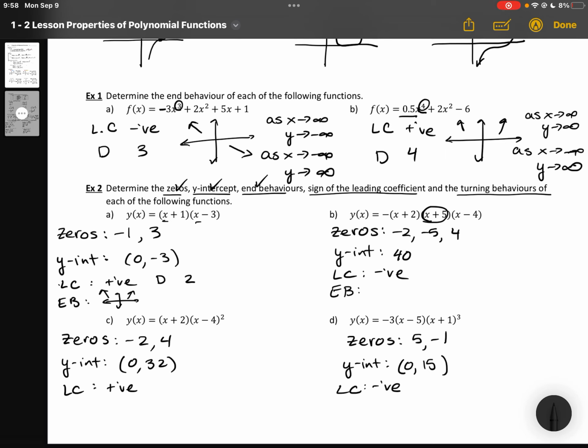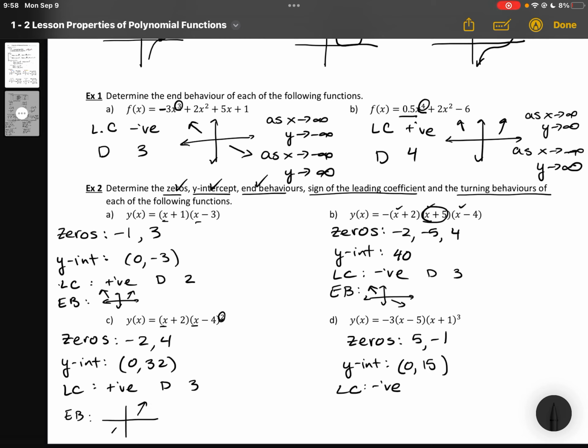For the next one, my leading coefficient is negative. My degree is 3, because I've got 1, 2, 3 x's here. And so my end behaviors are negative, odd. So I'm going down and to the right. For C, I've got a positive leading coefficient, and I've actually got a 3rd degree polynomial, because I've got 2 x's in that second bracket and then 1 in the first.